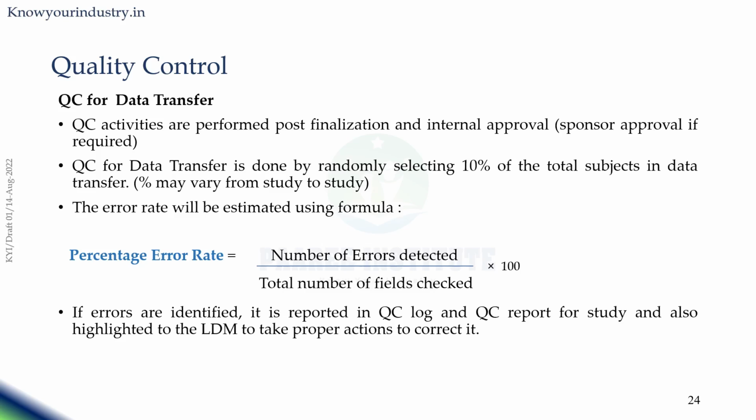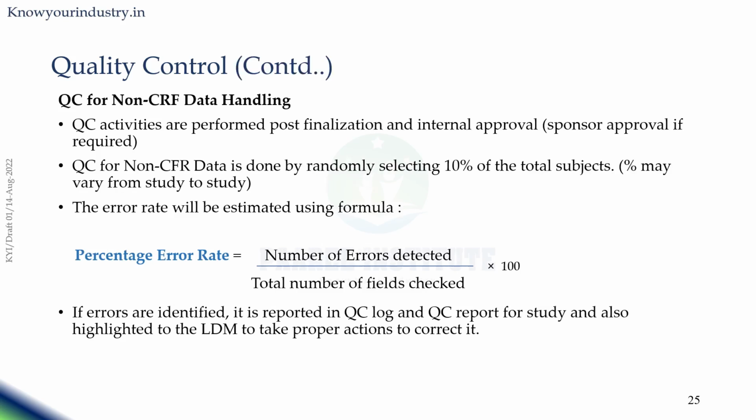Percentage error rate is equal to the number of errors detected divided by the total number of fields checked, times 100. If errors are identified, they need to be captured in the QC issue log as well as in the QC report, and the LDM has to take appropriate action until it is corrected.